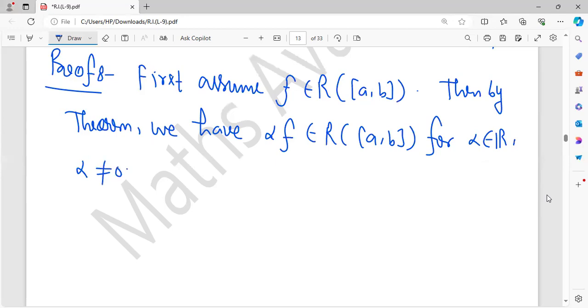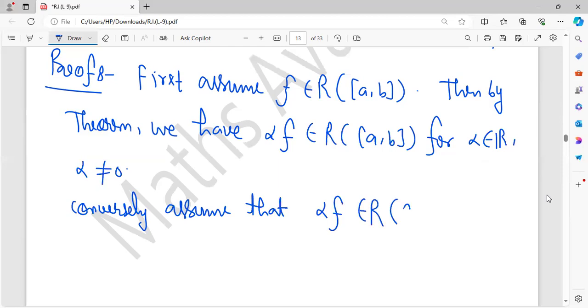Conversely, assume that alpha f belongs to R[a,b] for all alpha belongs to R, alpha non-zero.